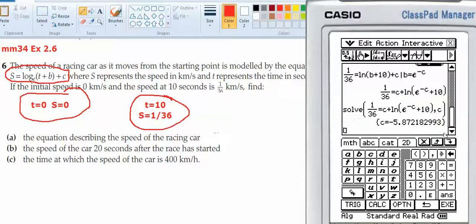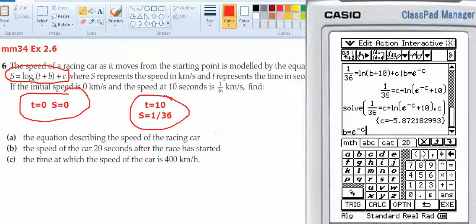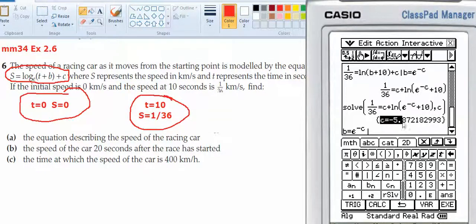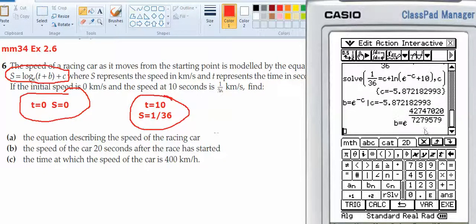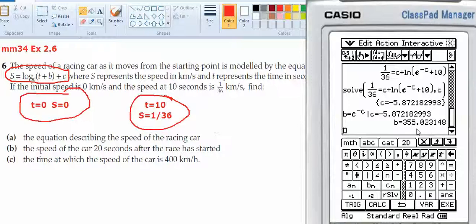Copy, paste, option given C equals this, and in decimal form that's what B equals.